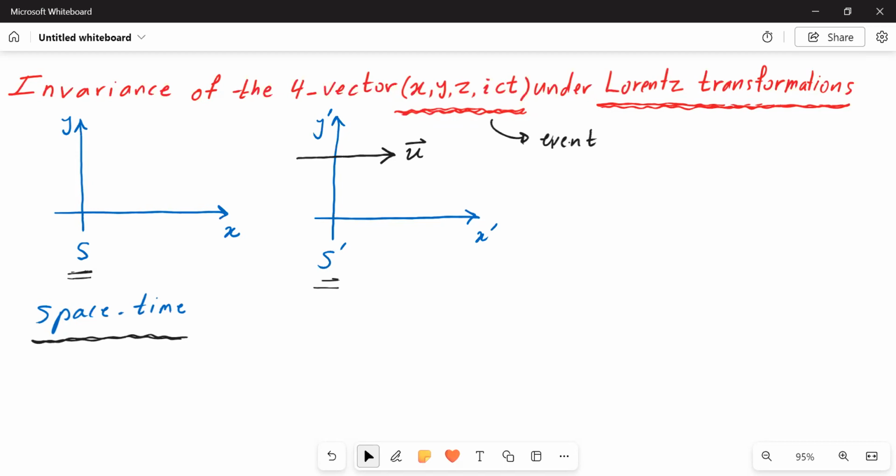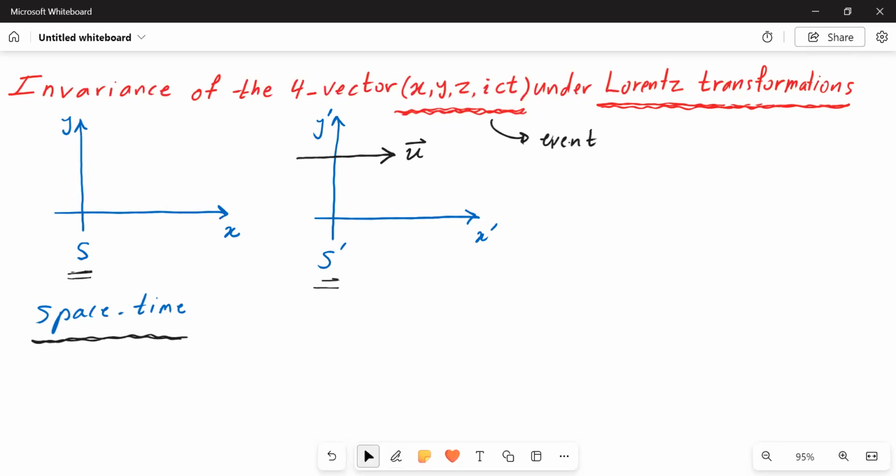All right. Since we're discussing in the realm of the special theory of relativity, it is easy to understand that an observer at rest in system S sees S prime moving away with everything inside it, drifting away with this velocity u.